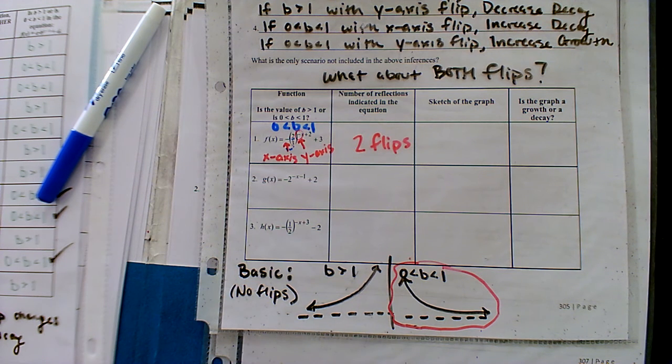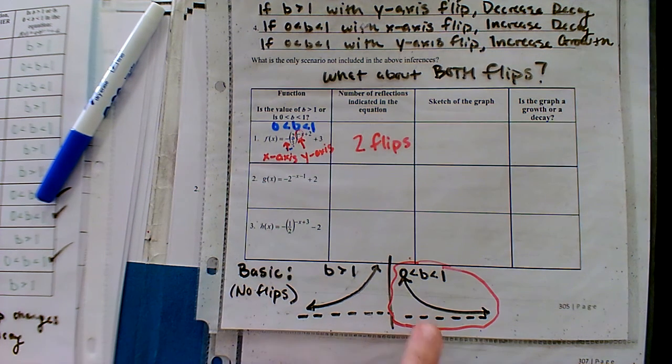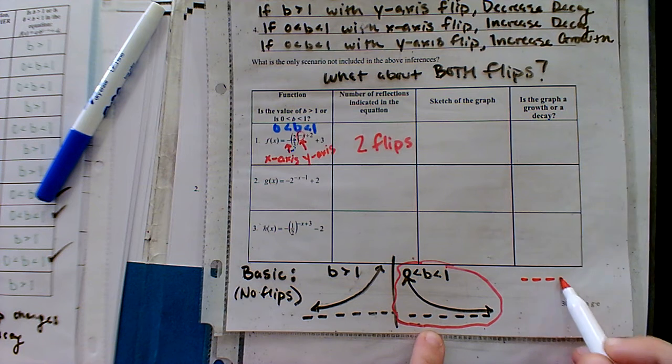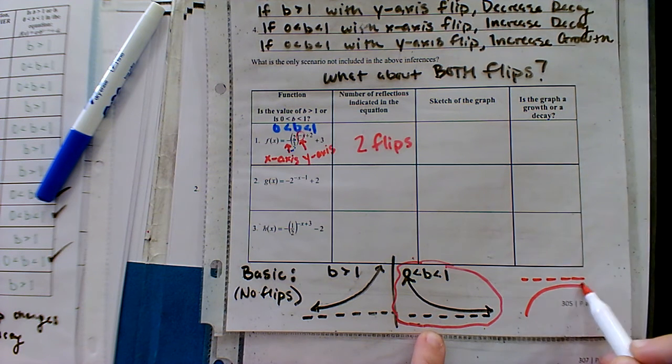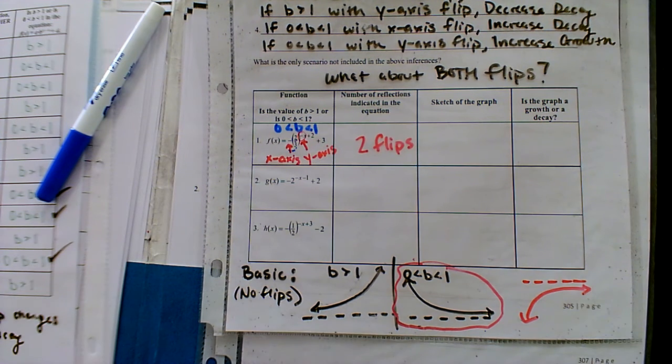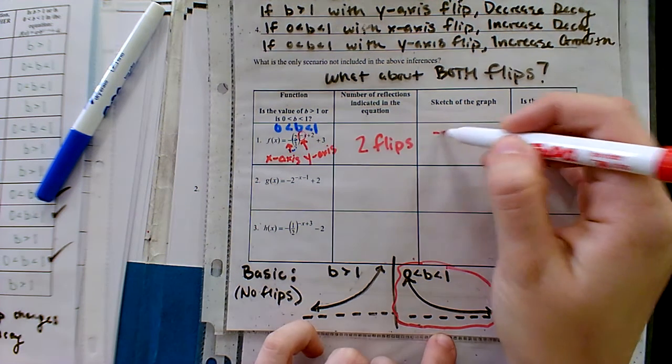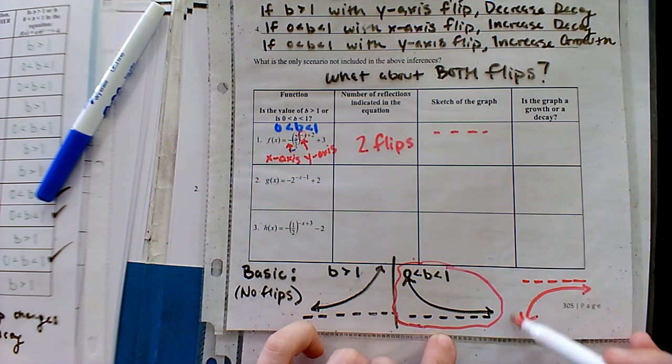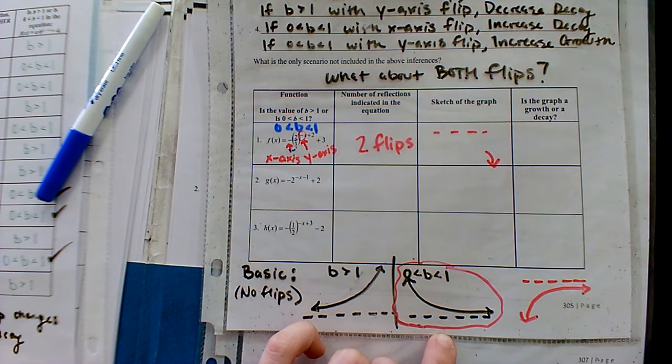So can we visualize what the final graph would look like in the end? If you were to flip this graph upside down, it would probably look like that. But now we have to flip this graph left and right. So that means this side that goes down on the left-hand side is now going to go down on the right-hand side.